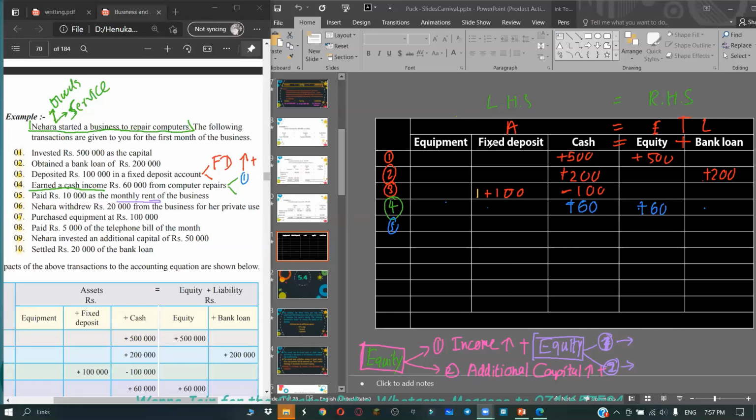Drawings. What is drawings? Secondly, drawings. Another one is expenses. Drawings means if the owner gets some money or stock or something from the business, if the owner takes some assets of the business.